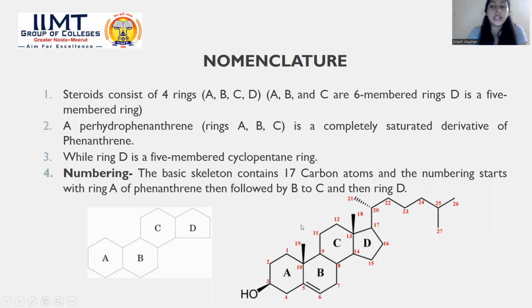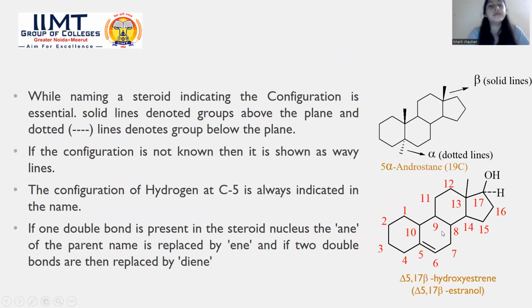So that's how you can do the numbering of a steroidal compound. Further, you can do the numbering here of the side chain: 18, 19, 20, 21, 22, 23, 24, 25, 26, and last 27.